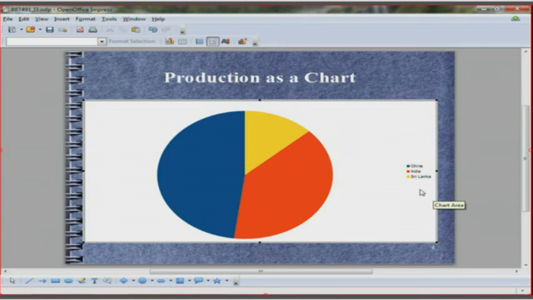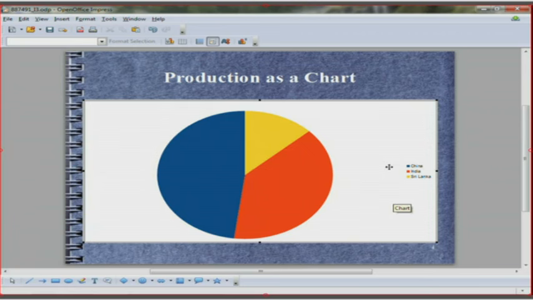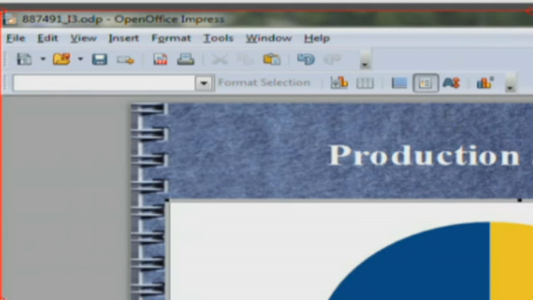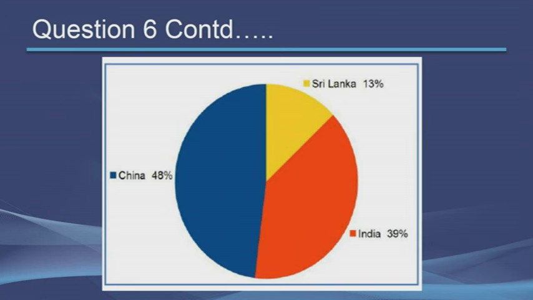Here in the question, you can't see any legends like here. So you can click this button, this legend on off button, and then remove those legends. But here in the question, you can see specifically mentioned labels like Sri Lanka 13% near the pie chart.